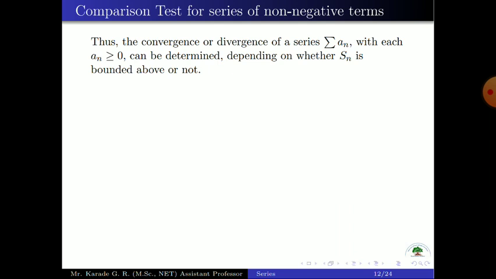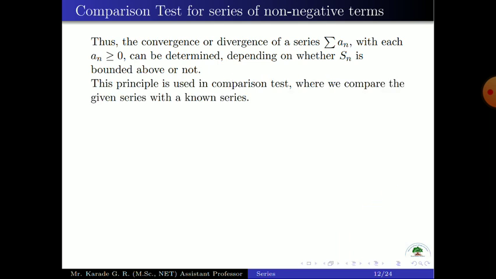Thus, the convergence or divergence of a series summation an with each an greater or equal 0 can be determined depending on whether Sn is bounded above or not. This principle is used in the comparison test, where we compare the given series with a known series.